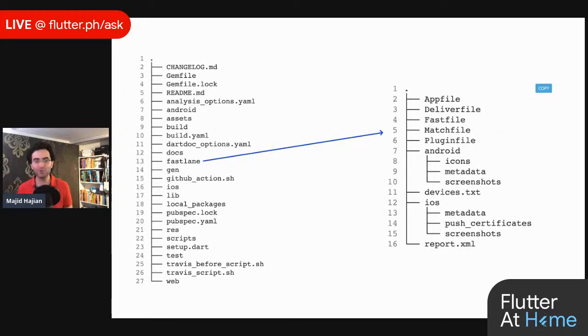When you create your Fastlane file for Flutter, this is how it looks. You will have a Fastlane folder, which has a few files, depending on how you run the commands and set up your Fastlane. The most important file, of course, is the Fastfile, where you create and set up all of your lanes.